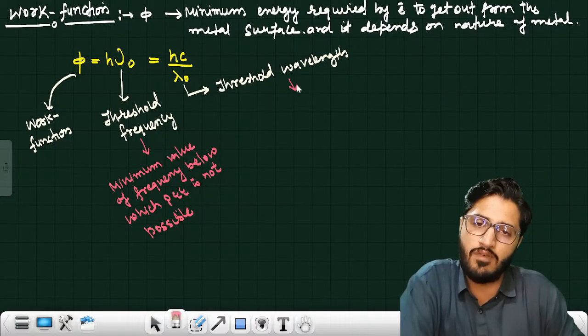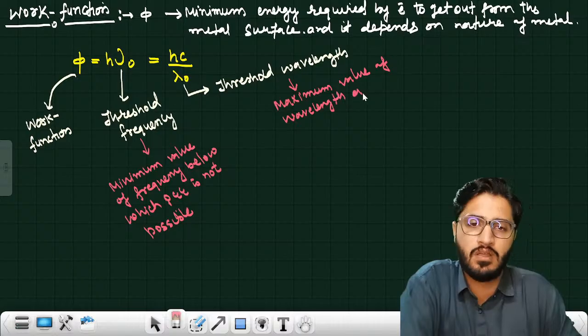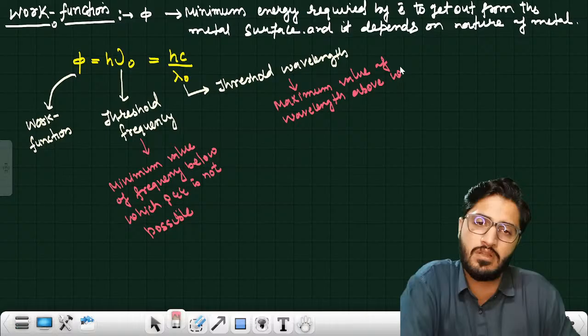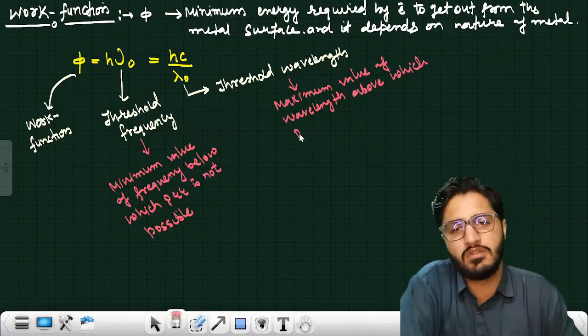And threshold wavelength is the maximum value of wavelength above which photoelectric effect is not possible.